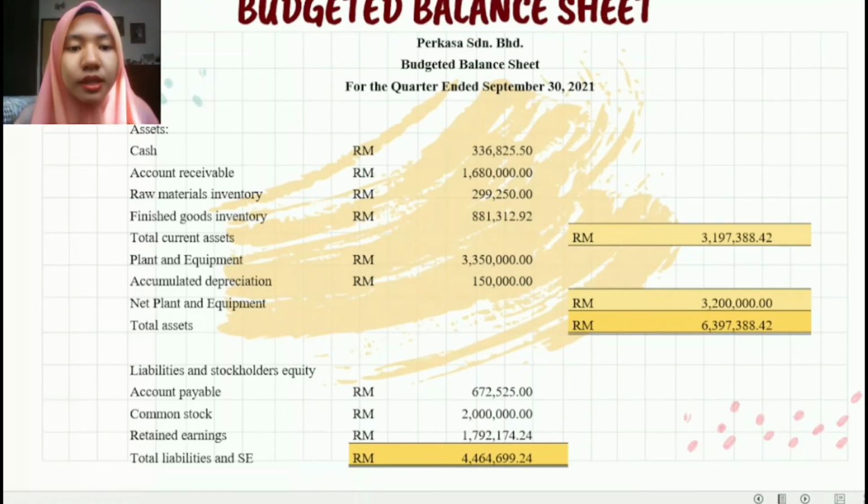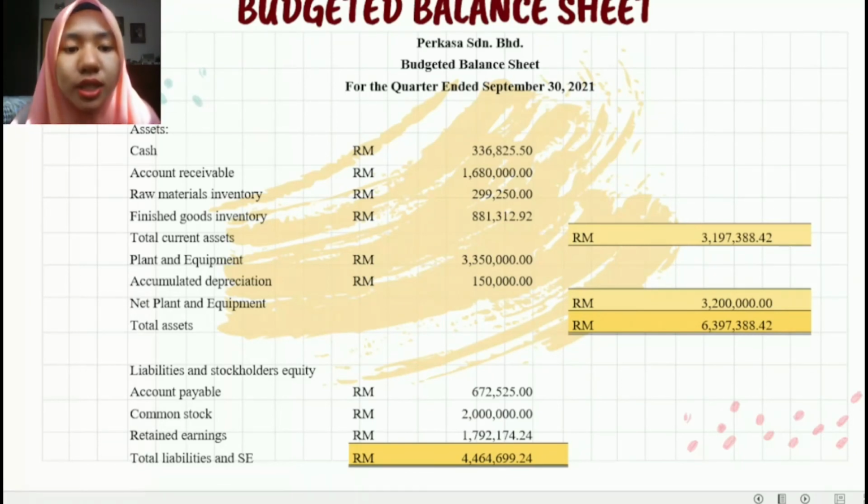Next, below the total current assets, we have the plant and equipment and accumulated depreciation. This is because we need to compute the net plant and equipment. To compute this, we must deduct the accumulated depreciation, which is 150,000, from the plant and equipment. So we get the net plant and equipment, which is 3,200,000 ringgit.